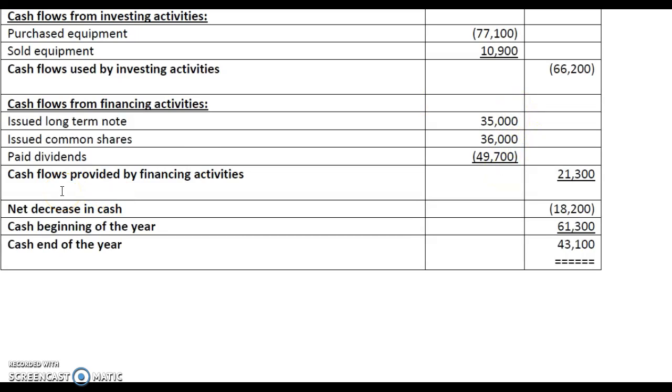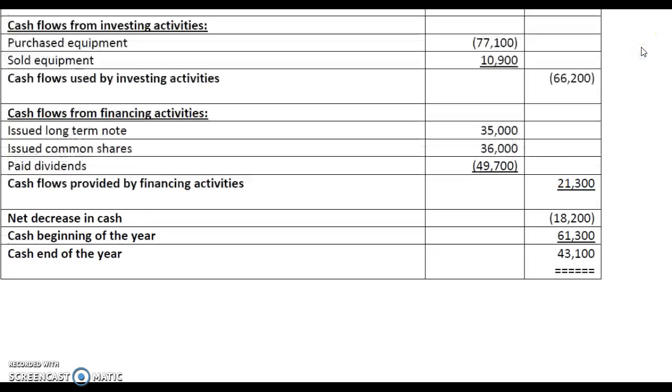And now we will record our final figure under the heading cash flows from financing activities, which is 35,000 plus 36,000 minus 49,700, which gives us minus 21,300. Since there's been a mistake, it's plus 21,300, and since it is a positive figure, this is cash flows provided by financing activities.